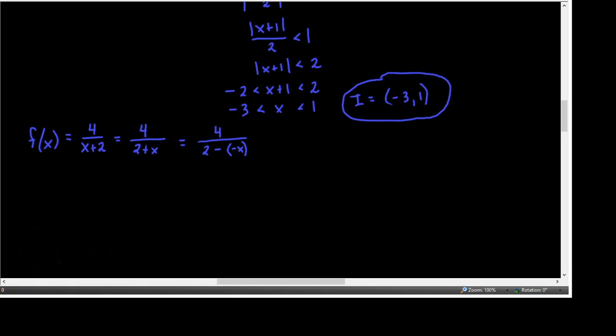Now the next issue, because otherwise it's looking pretty good, is that 2 has to become a 1. So multiplying by this form of 1, 1/2 over 1/2, we get 2 over 1 minus the opposite of x over 2.